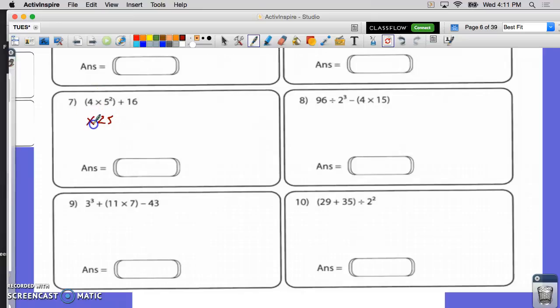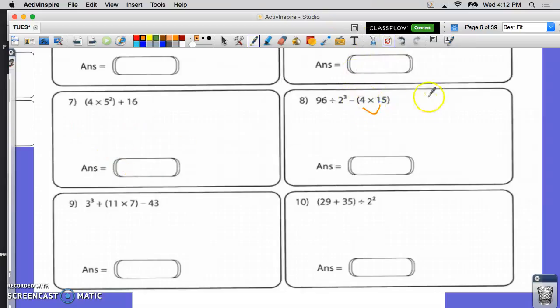So really what you have here is 4 times 25 plus 16. Now you can finish what's in the parentheses. 4 times 25 is 100 plus 16. As you can see, this answer should be 116. All righty. Next one.